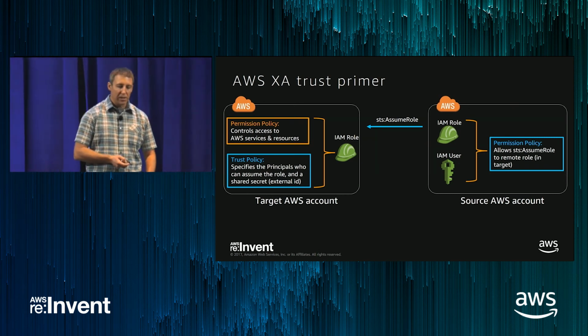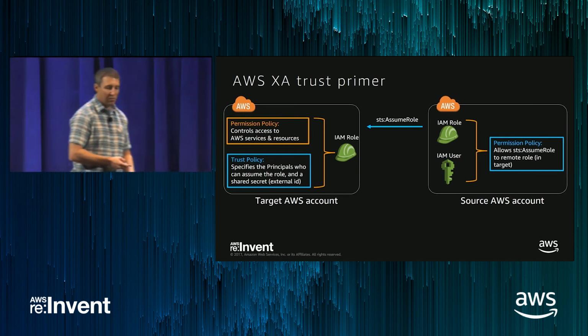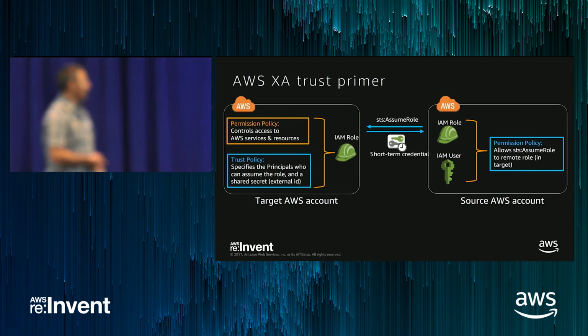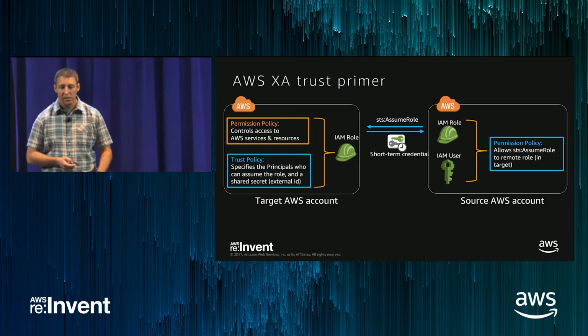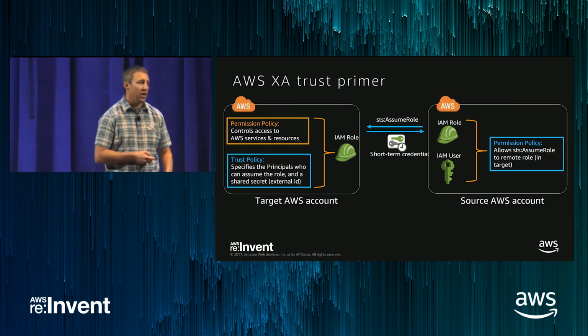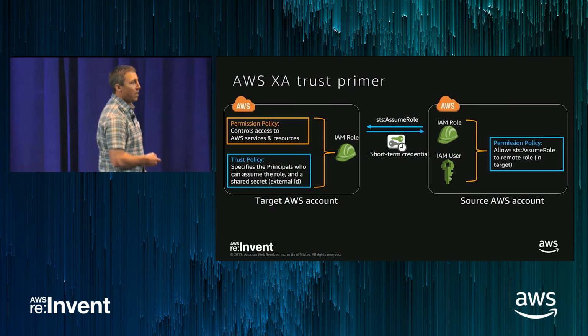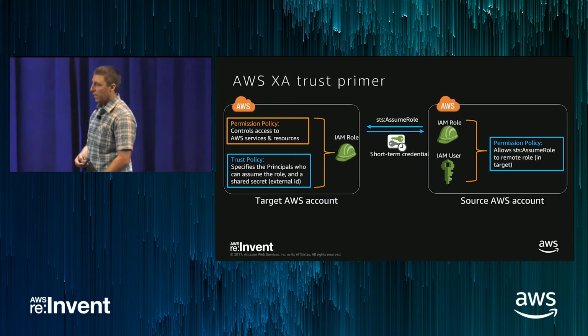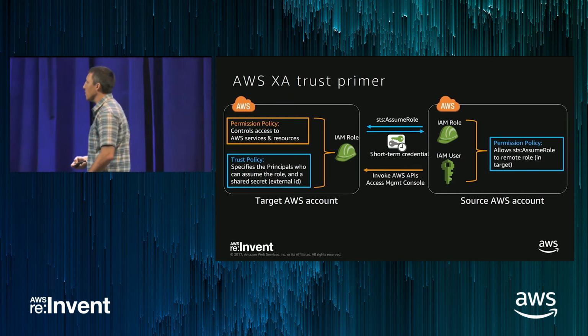With that all in place, the actual protocol is going to be an STS assume role call. And the target account is going to issue the source account back a set of short-term credentials. These credentials are bound to that IAM role in the target account and are going to be presented back to the API or CLI caller on the right.